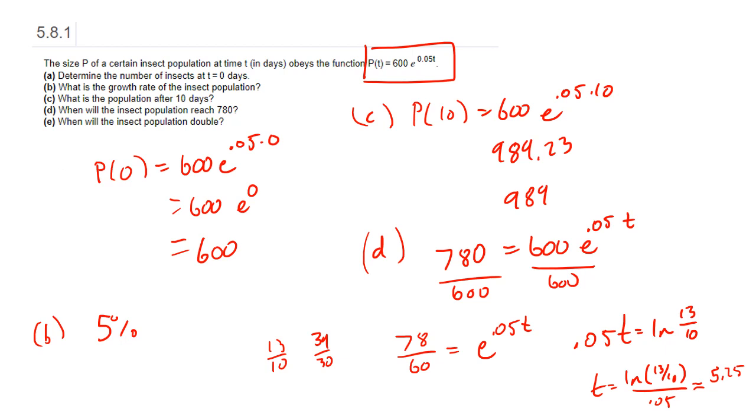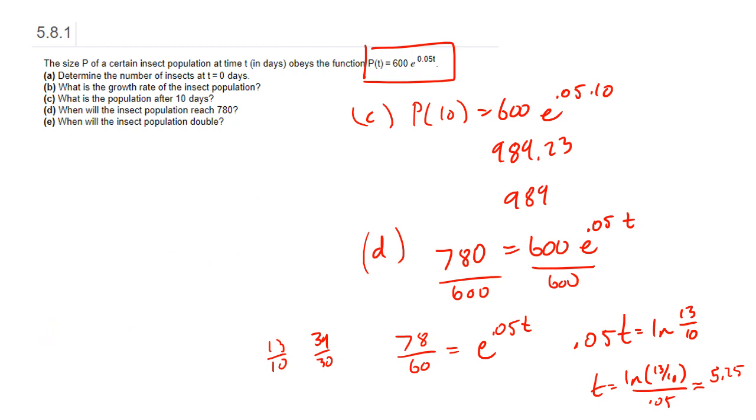And finally, freeing up some space on the left, when will the insect population double? Well, we specified in part A that we started with 600 insects, so doubling would be 1,200 insects. So I just set 1,200 equal to 600 e to the 0.05t. Dividing by 600 gives me 2 is equal to e to the 0.05t.